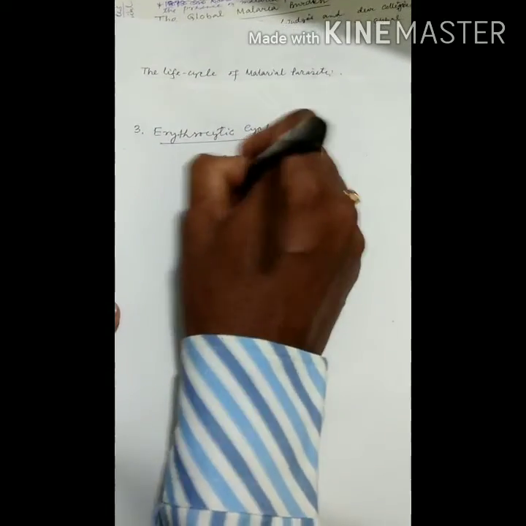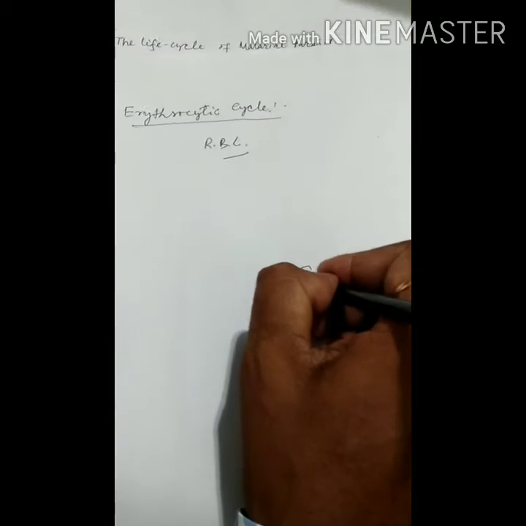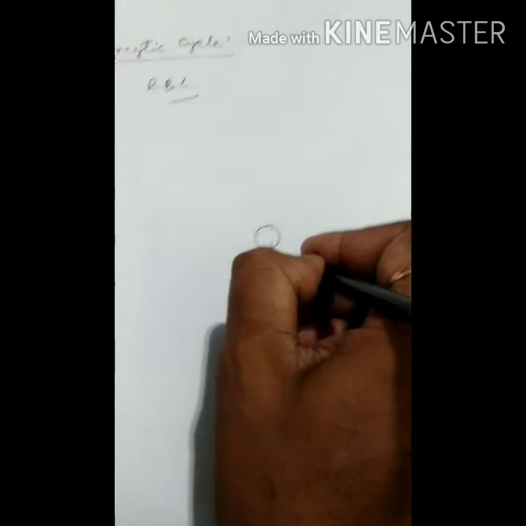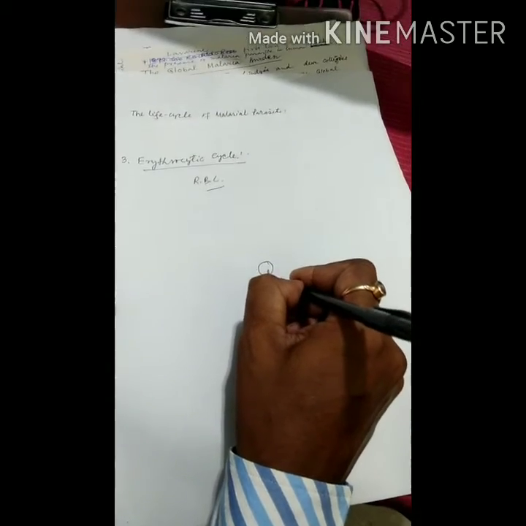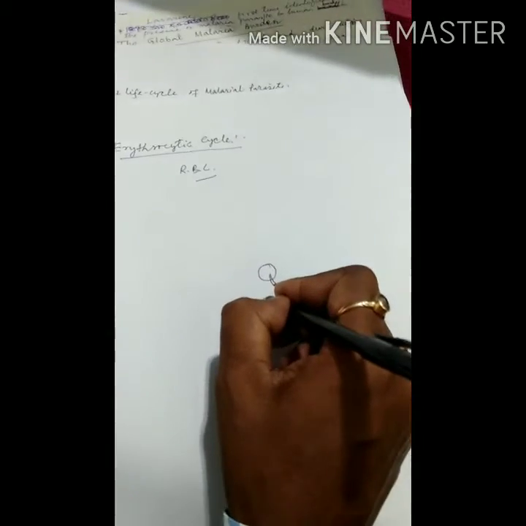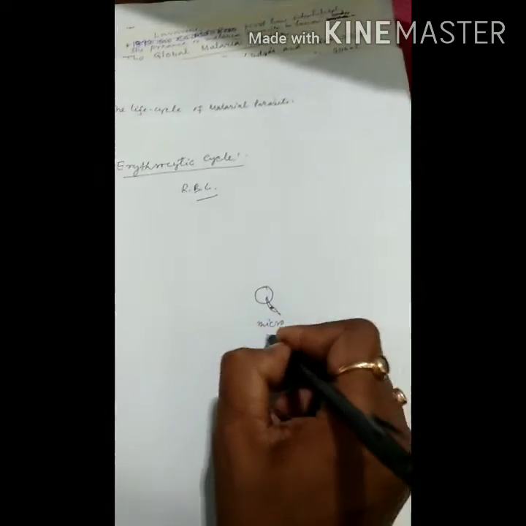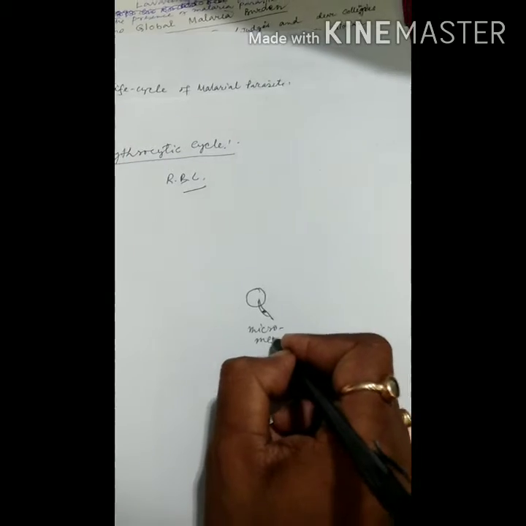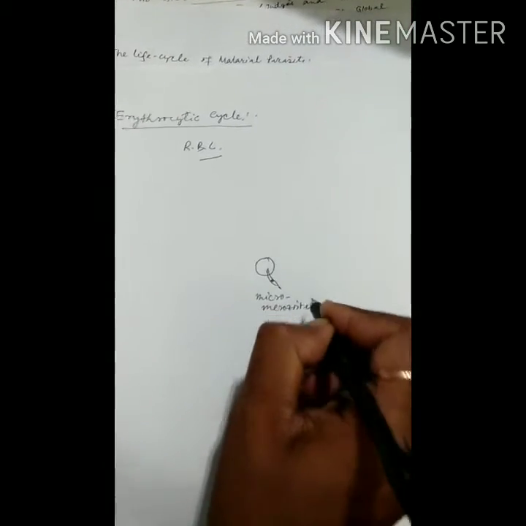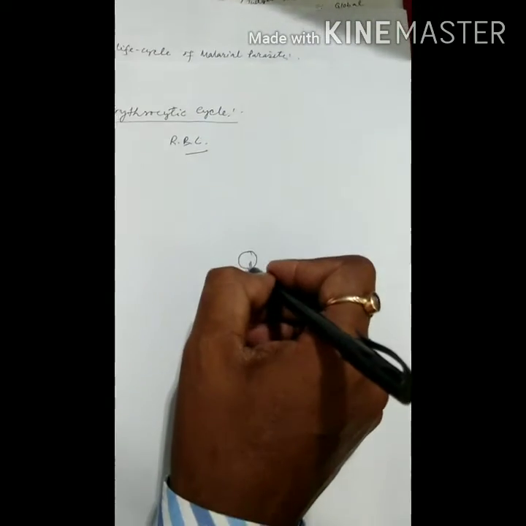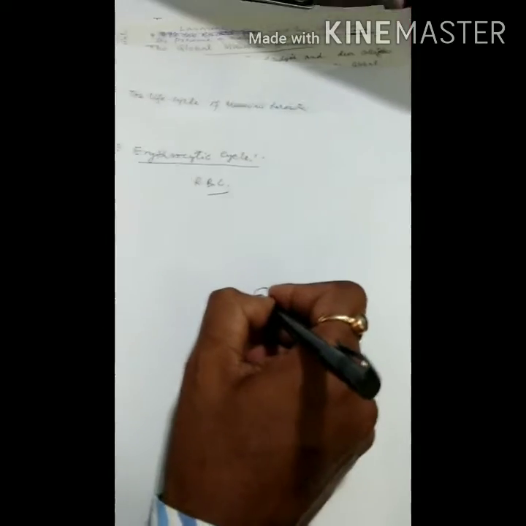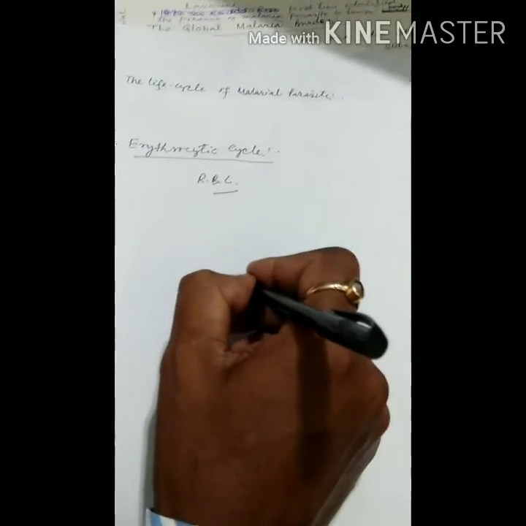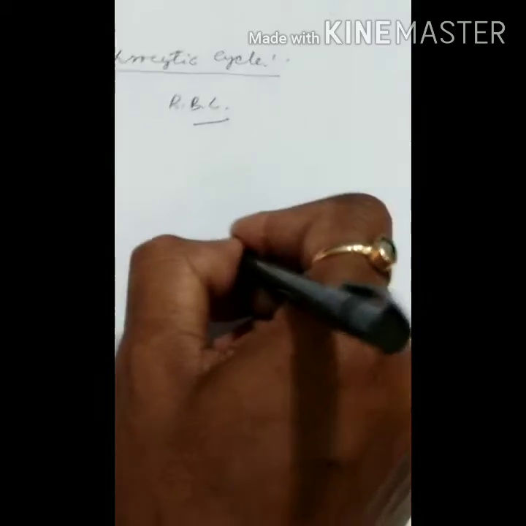The RBC in the mature human body is non-nucleated, but the microcryptomerozoite contains a nucleus and enters into the RBC. Then it is transformed into the trophozoite stage.